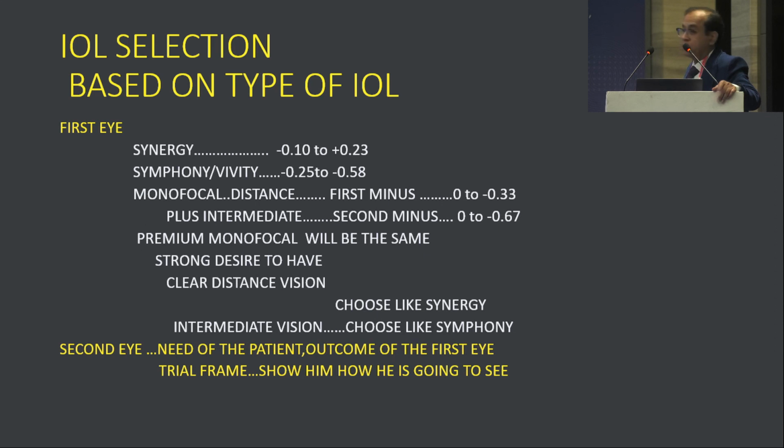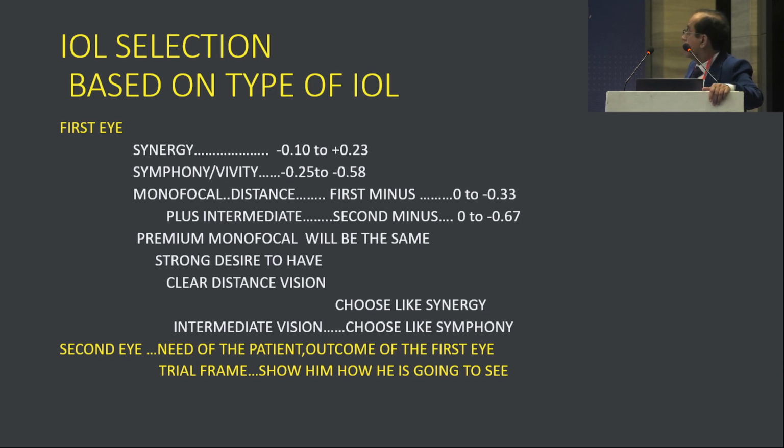Every biometry step is in 0.33 steps, because the IOL power is half. So with Synergy, even minus 0.1 is acceptable, but minus 0.25 is not acceptable to me. With Symfony and Vivity I will use minus 0.25 to minus 0.58. So slightly myopic will help me.